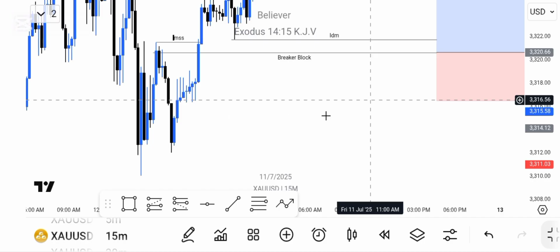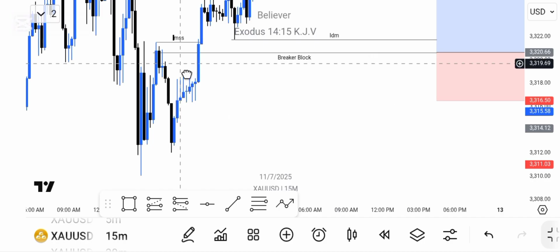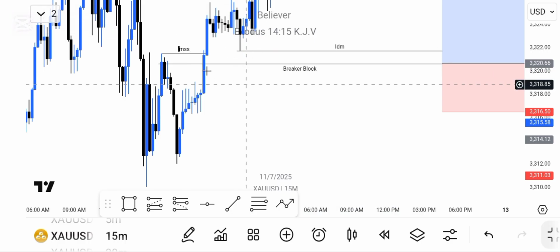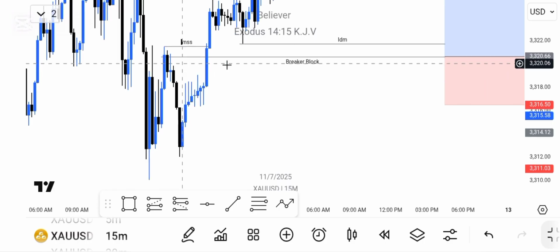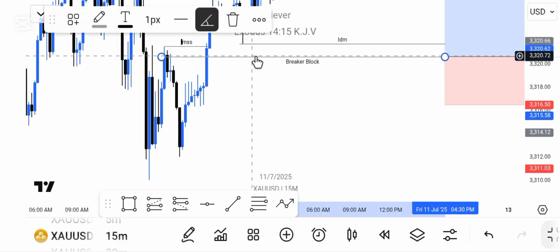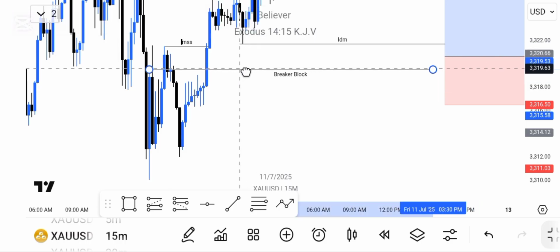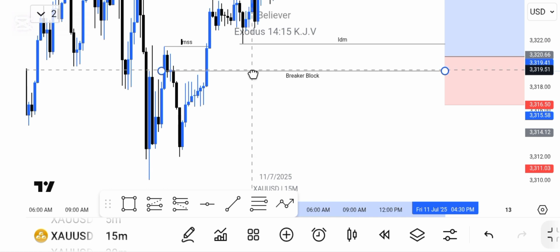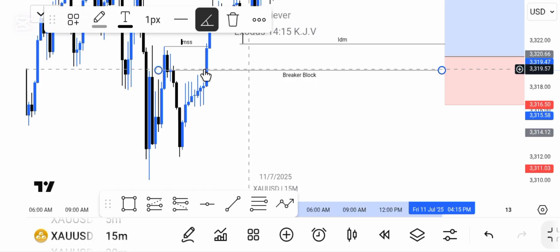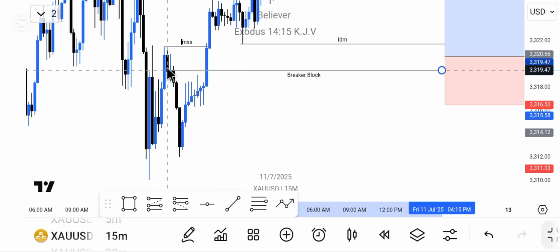This breaker block is the first point of interest after you see your inducement right here. So I'm going to modify this breaker block to this one here now, like this. I'm going to make it be like this. Place yourself properly now. All right, so I'm going to make it be like this.